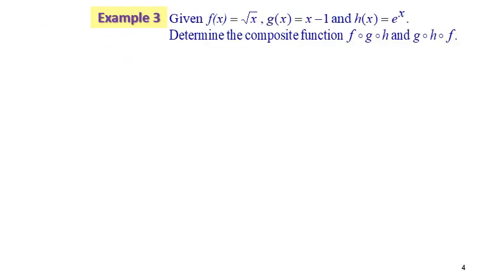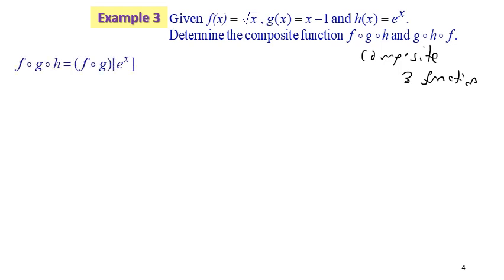In example 3, given function f is square root of x, function g is x minus 1, and function h is e to the x. Determine the composite function of fgh and ghf. So this is basically composite of 3 functions. So the process is the same as composite of 2 functions.